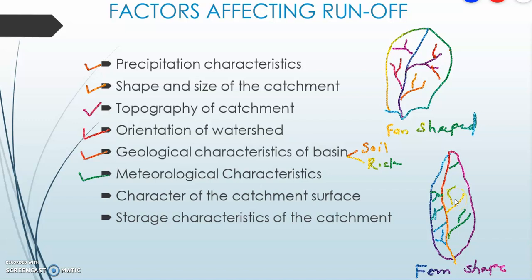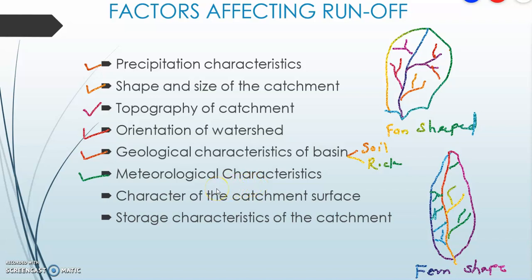But it again varies with the location. If there is an area covered with snow, it will affect in a different way. Because of the temperature, snow will melt, and at the same time if rainfall occurs, then more runoff will be there. So these meteorological characteristics depend on the location.